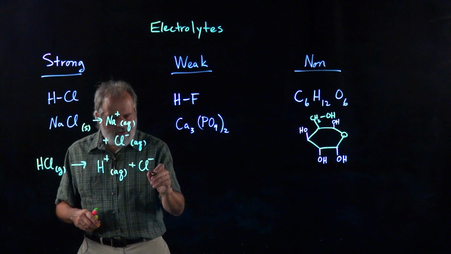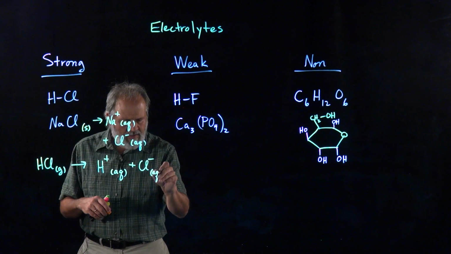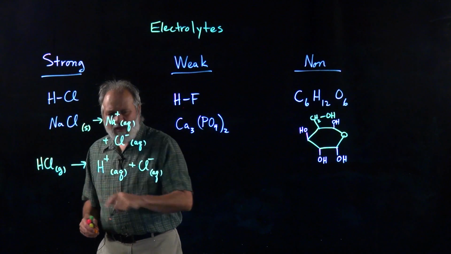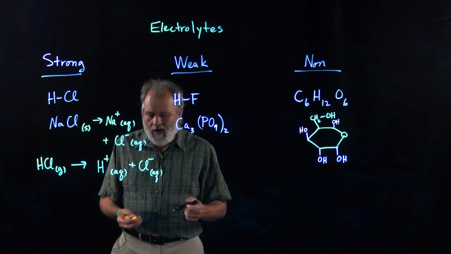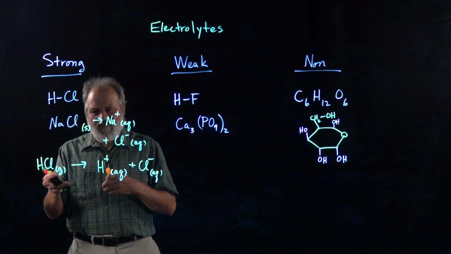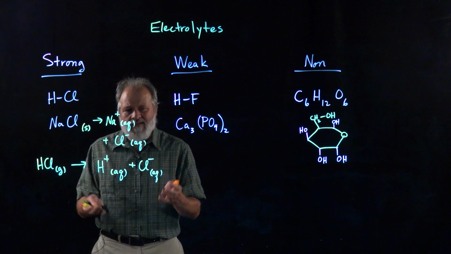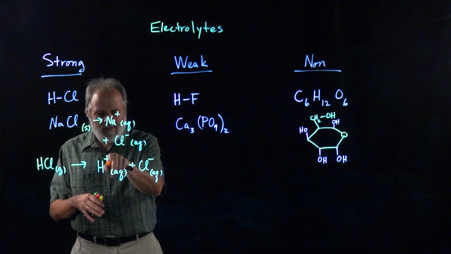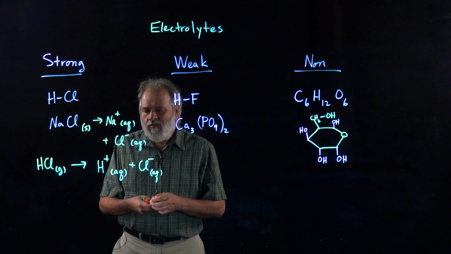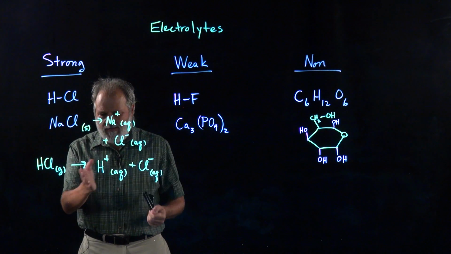Now this is a 100% reaction as well. So basically, this is a covalent bond, but when you put it in water, it turns out water will hydrate this very polar bond into two ions, where the electronegative element will be an anion, and the electropositive element, which will be the hydrogen, will be H plus.